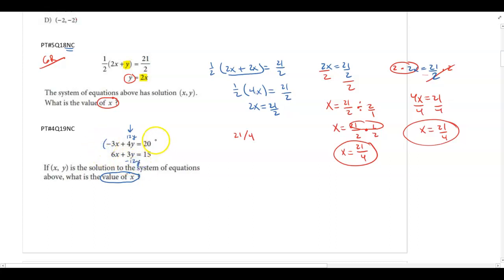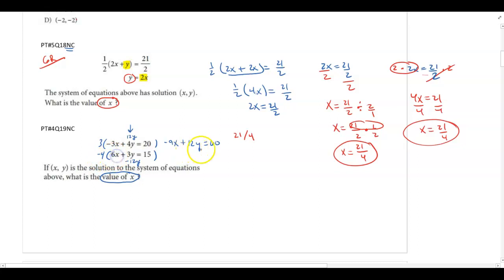So what would I have to multiply this top equation by to make that a 12y? 3. What would I have to multiply this bottom equation by to make that a negative 12y? Negative 4. So 3 times negative 3 is negative 9x plus 12y equals 3 times 20 is 60.